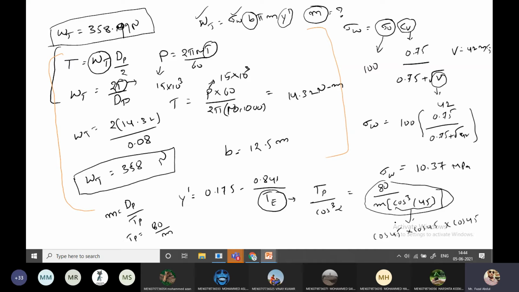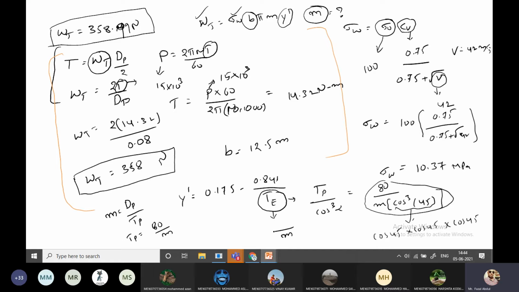So this is meaning cos cube alpha. Now tell me the TE value. Do it fast, Babu. TE value you will get in terms of module, that is, I'm writing here module.